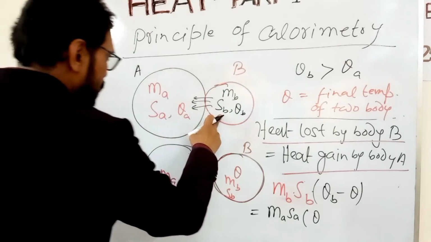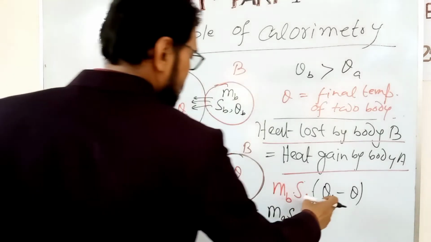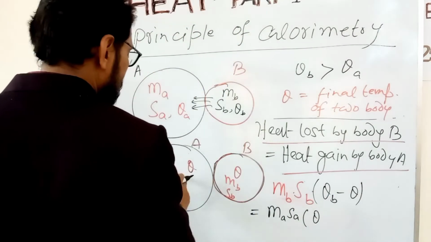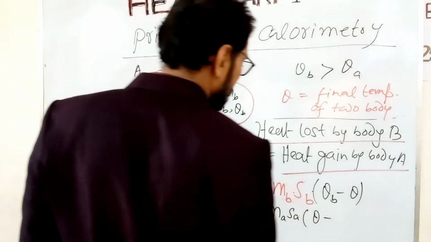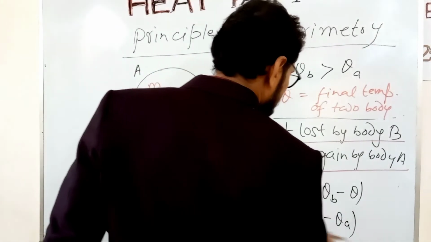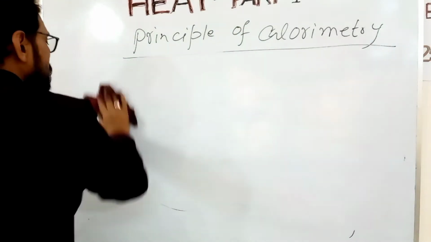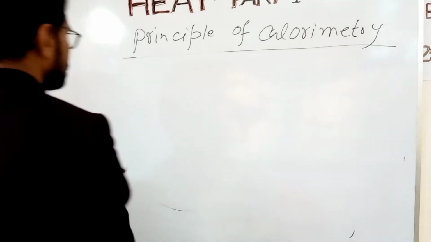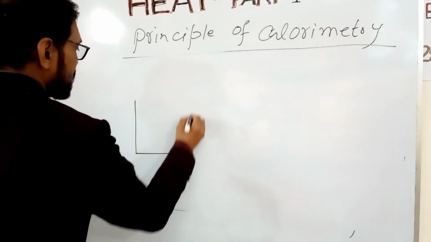The temperature of body B will decrease and the temperature of body A will increase. So theta B minus theta, and for A the temperature will increase. So the final temperature is more than the initial temperature of body A, theta minus theta A. So this is the equation, and it extends to more than two bodies. We can suppose an example: suppose in a container some liquid is present.